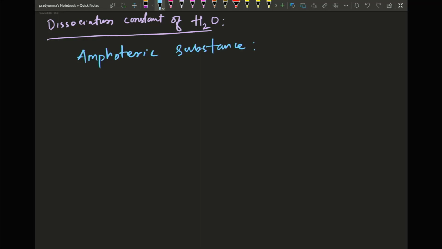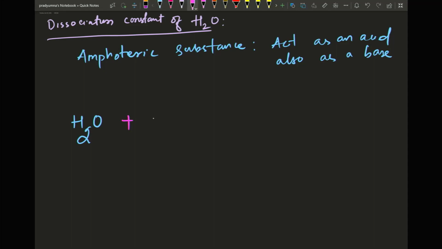We have seen in our previous example that water can act as an acid, and also as a base. So let's do a quick recap. We have water reacting with this pink water to give rise to products. The blue water gives the proton away, so it becomes OH minus, and the pink water accepts a proton from the blue one.